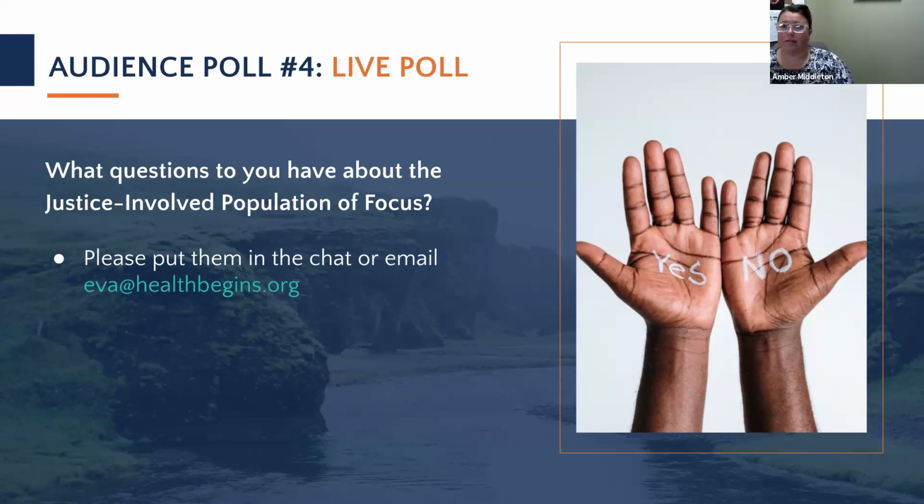I would say housing, because that sometimes can be a real burden to get people involved with the JI population in housing, and then where they're going to be in the meantime. I think that would be helpful.